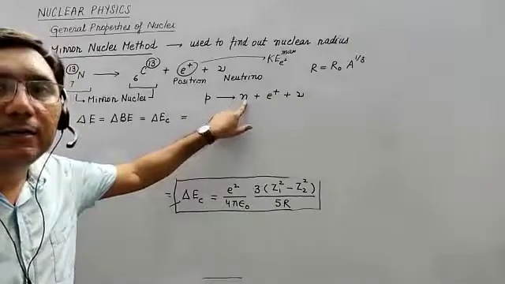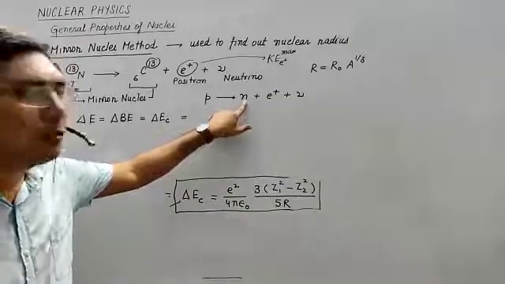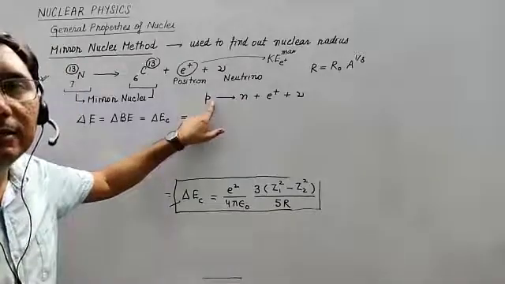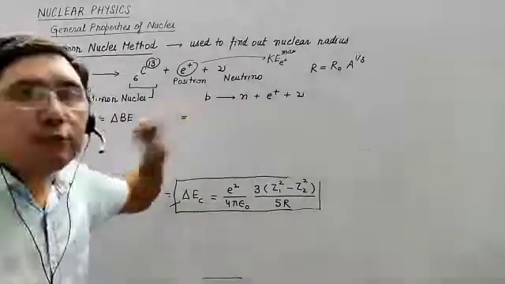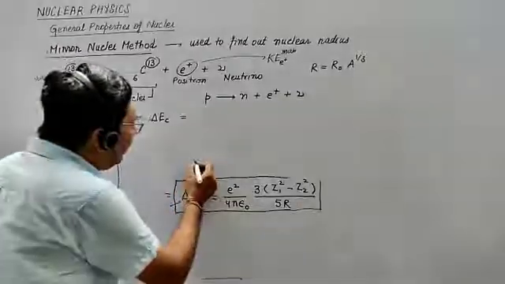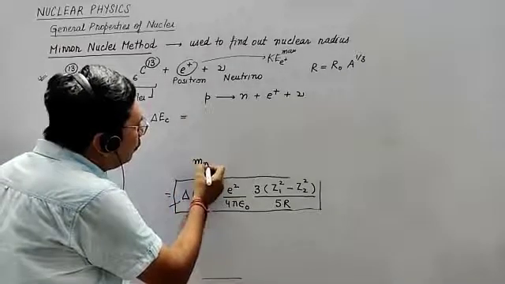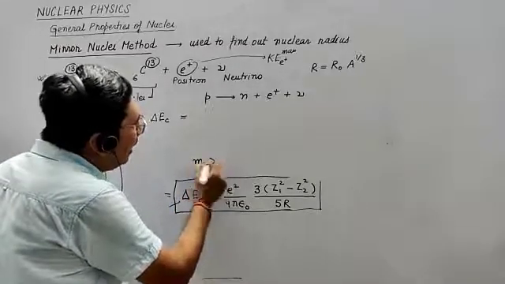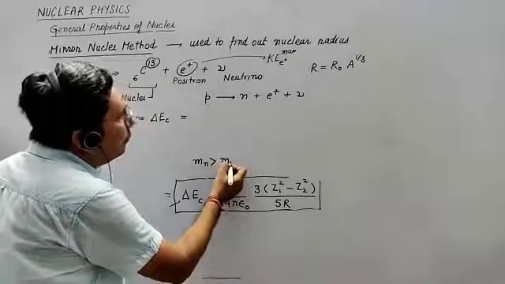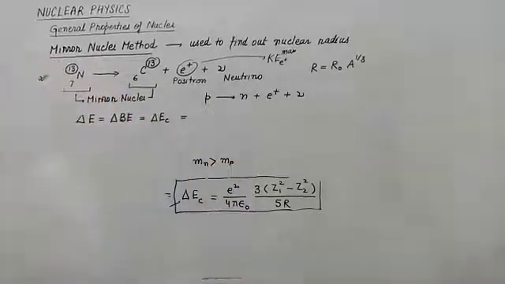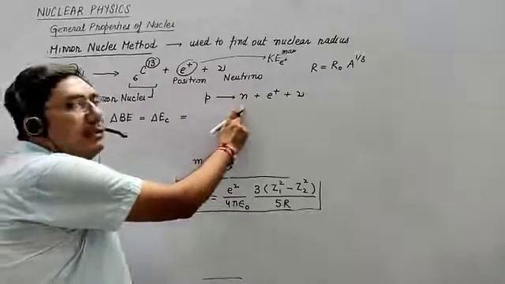Whose mass is higher? Mass of neutron is higher or mass of proton is higher? We are aware that mass of neutron is higher as compared to mass of proton. So basically a mass is created here.